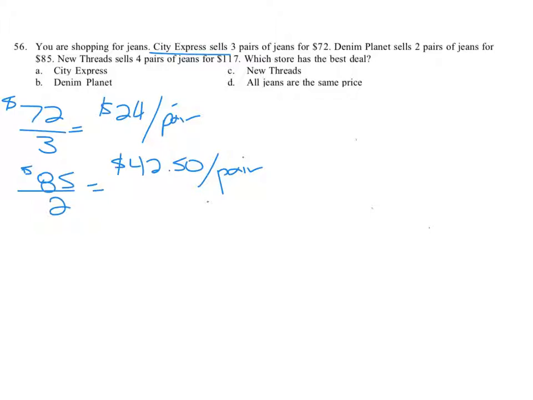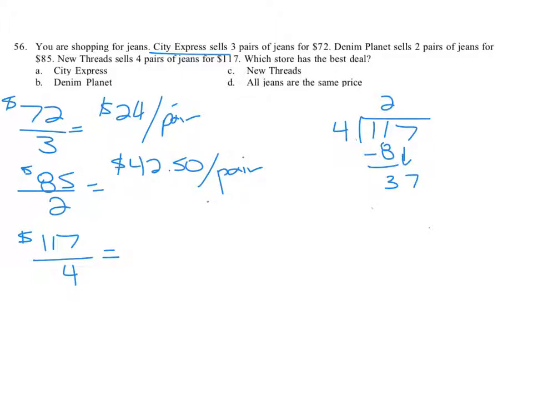And the last one, New Threads, sells 4 pairs of jeans for $117. $117 for 4 pairs. How much is that for 1? Let's do it over here on the side. 117 divided by 4. 4 goes into 11 twice. 4 times 2 is 8. 3 left over. 4 goes into 37 9 times. 4 times 9 is 36. 1 left over, and put a decimal.